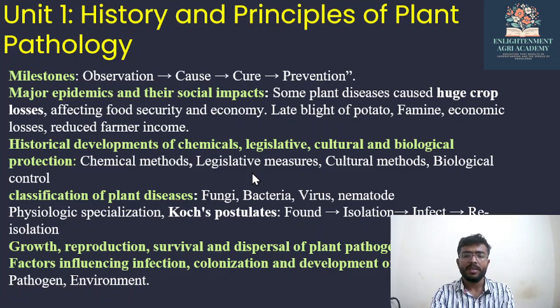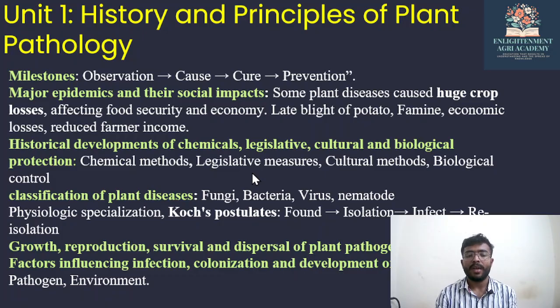First, the pathogen is found, then it is isolated, then it is inoculated to the plants, then re-isolated, and the fourth one is once again re-isolated. This fourth step was given by E. F. Smith. Now the growth, reproduction, survival, and dispersal of plant pathogens, and factors influencing infection, colonization, and development of symptoms.